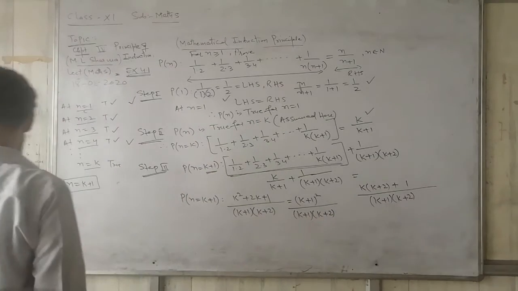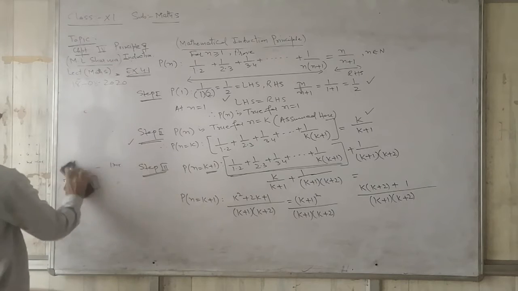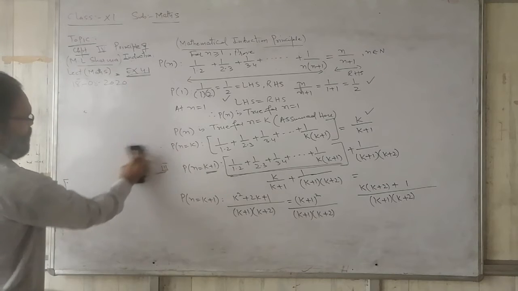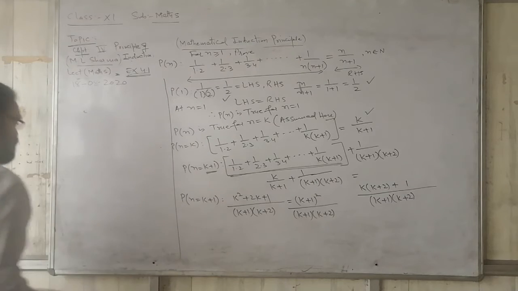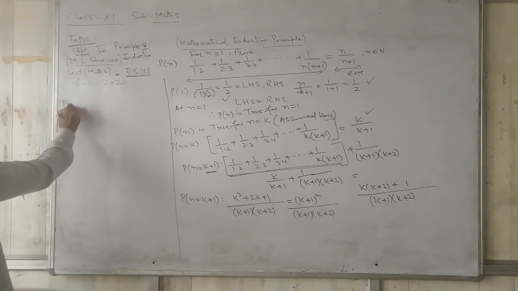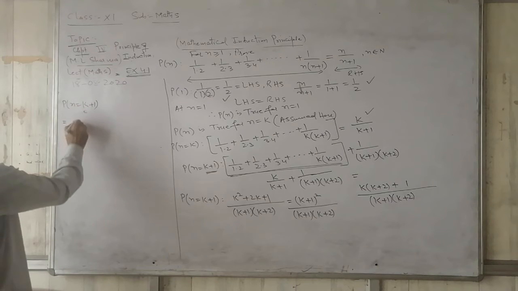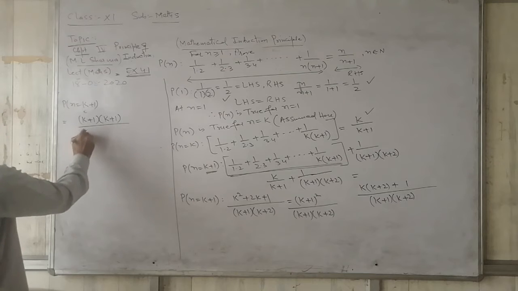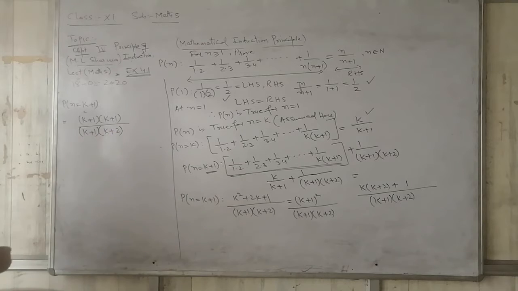So that means my third step shows P of n equal to k plus 1 will finally equal to k plus 1 into k plus 1 whole square can be written in this way, k plus 1 into k plus 2.